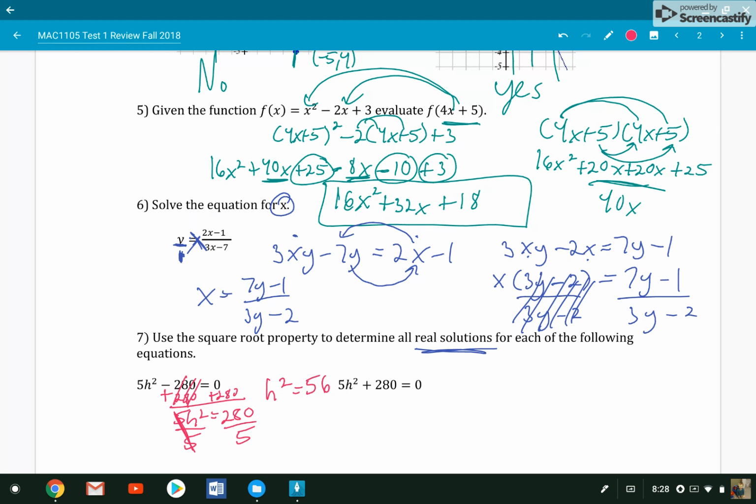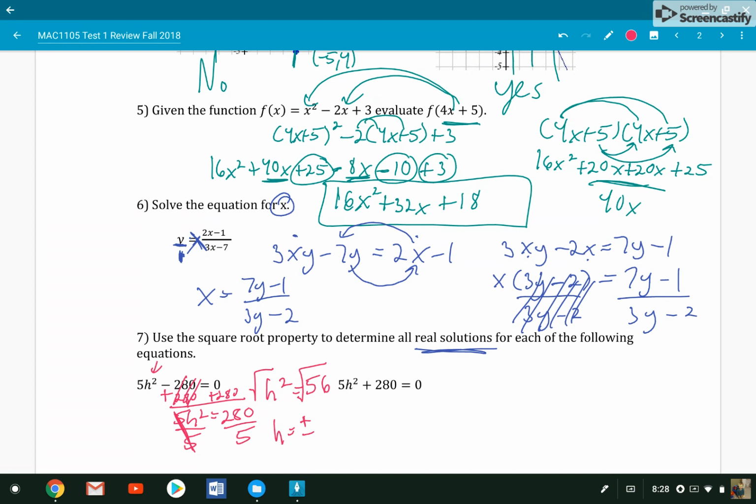And now to use the square root property here, to get rid of the squared, I just take the square root of both sides. So now h is going to be equal to plus and minus, a positive version and a negative version. Remember, I'm looking for two solutions because of this h squared, and the square root property yields a plus and minus here. Now 56, while it is not a perfect square, it can be broken down.